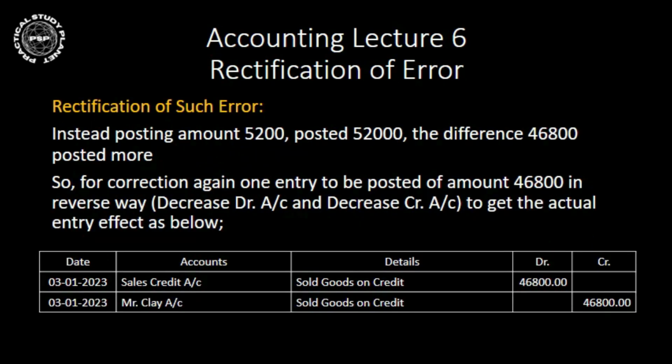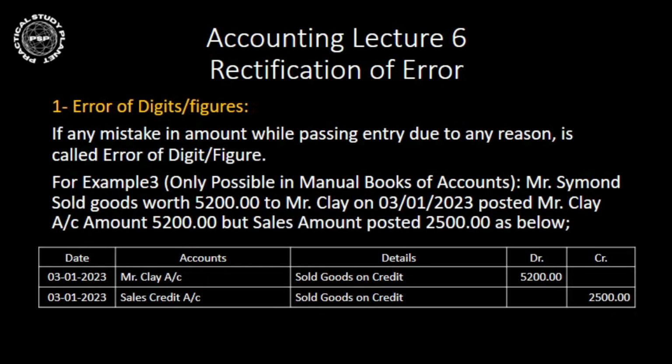What will we do in rectification of such error? Instead of posting 5,200, 52,000 was posted, and the difference of 46,800 was posted more. So for correction, one entry of amount 46,800 is to be posted in the reverse way: decrease the debit account and decrease the credit account to get the actual entry effect. So sales will be debited 46,800 and Mr. Clay will be credited 46,800 to cancel the wrong effect which was extra posted before.